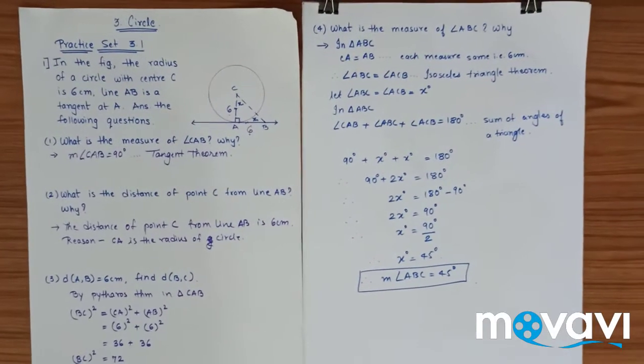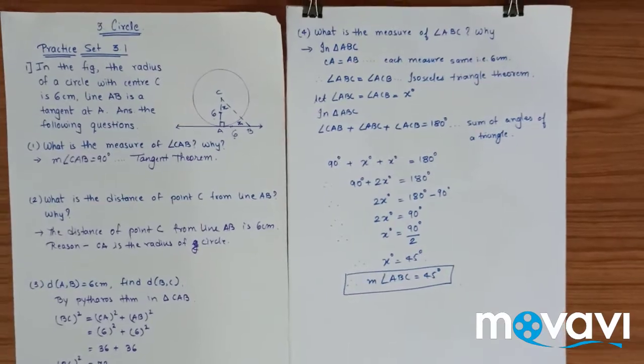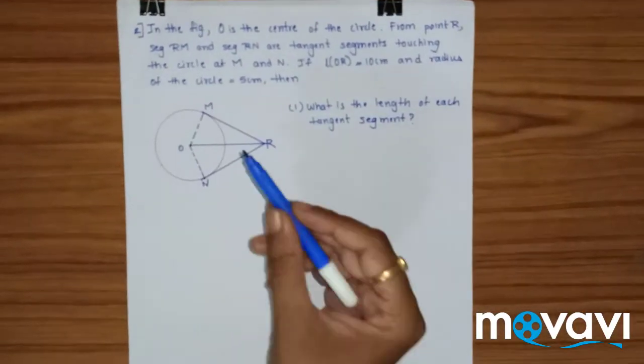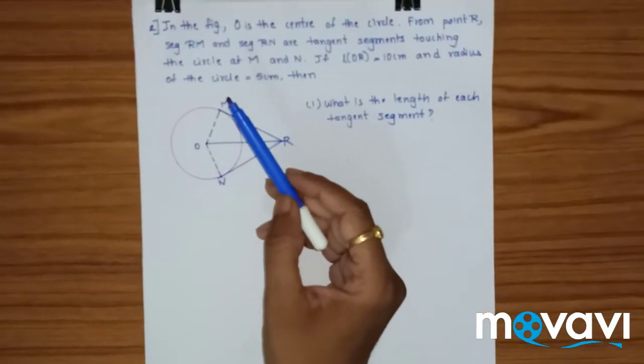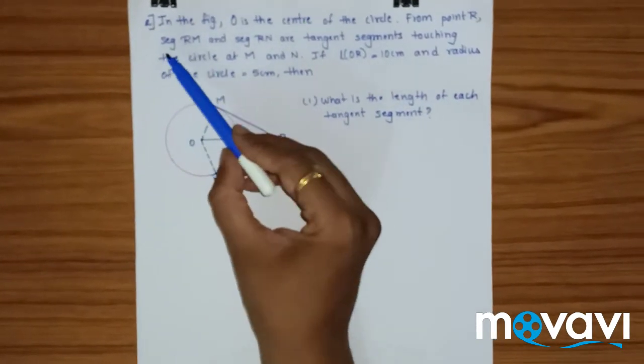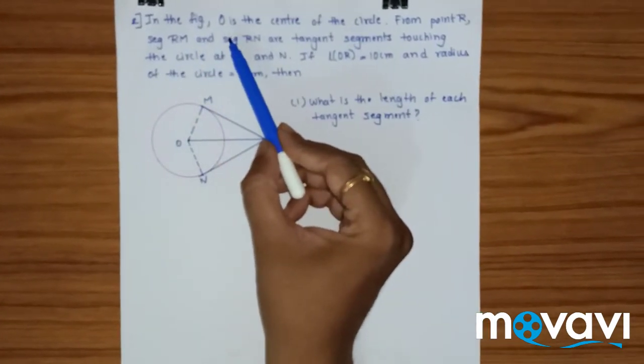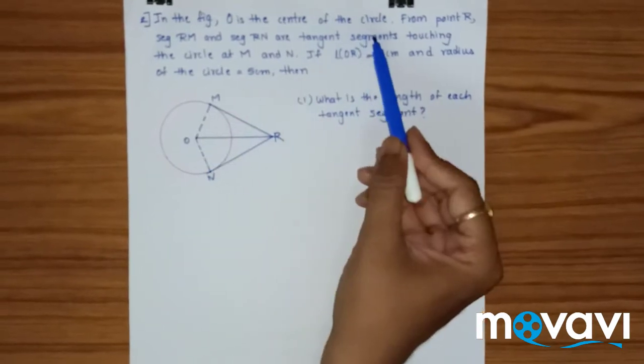Let us see the second example from practice set 3.1. In the figure, O is the center of the circle.